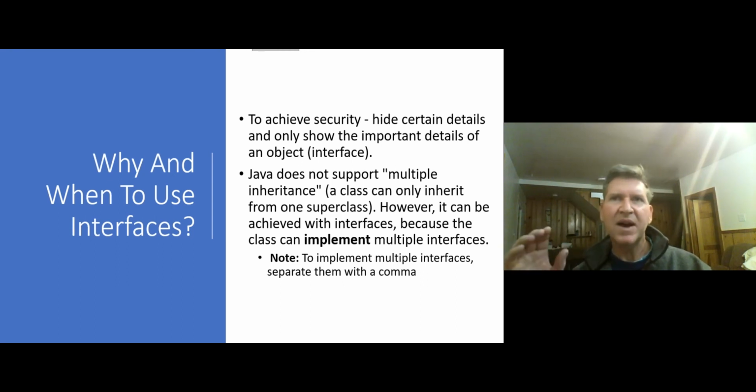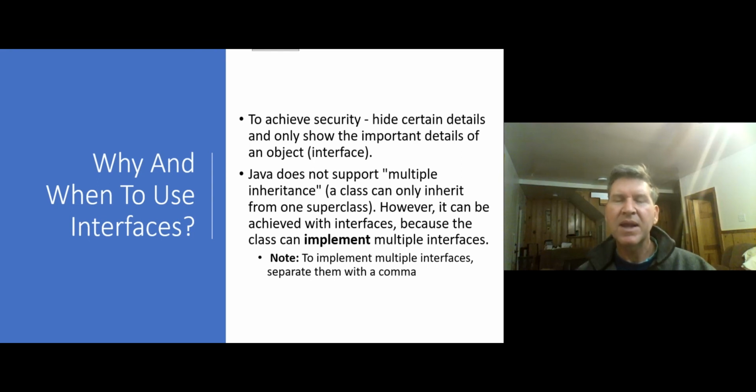We can specify that we have an animal and pig derives from animal, but we can hide the details of the object itself. Another reason, and this is probably the most important, is remember we discussed how we can only have one superclass for each subclass.